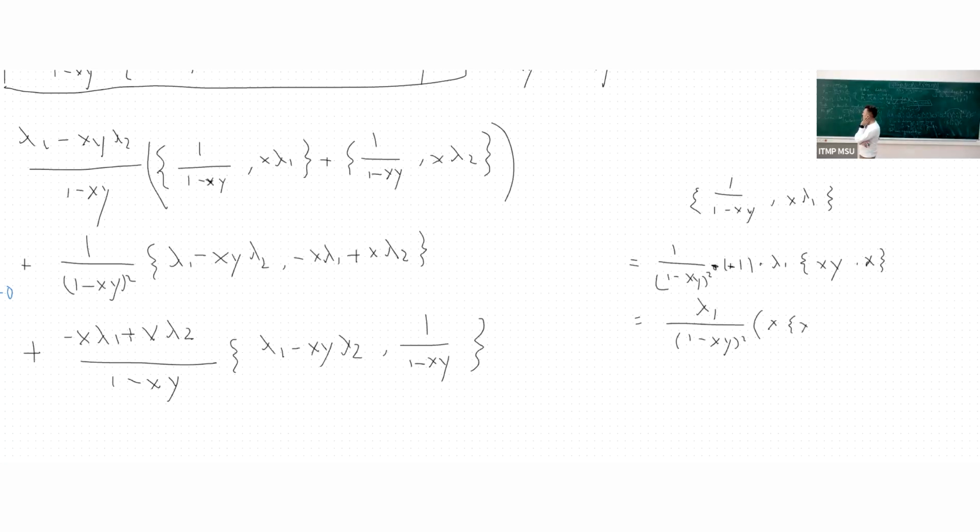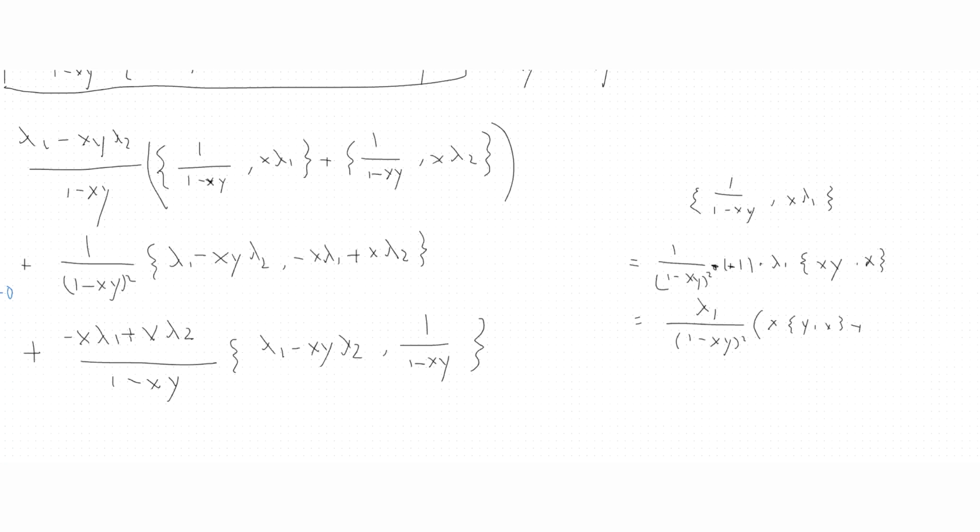X, y, x plus 1, bracket of y x. Yep, 0. No, it's not there. Plus y x. So it is 0.